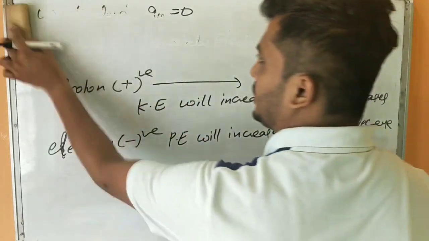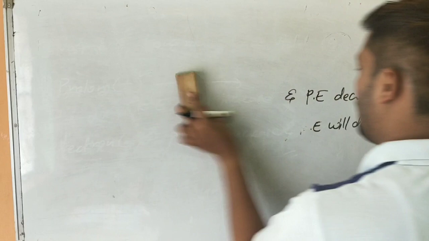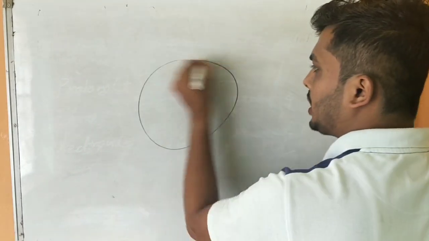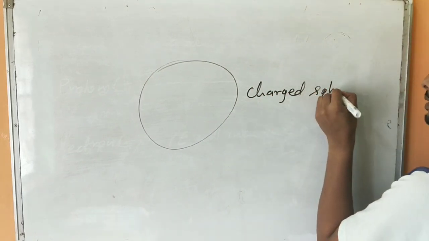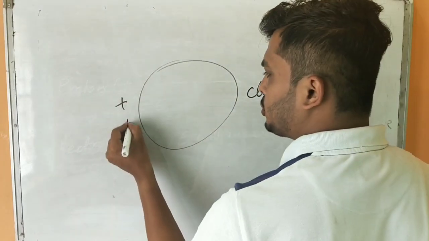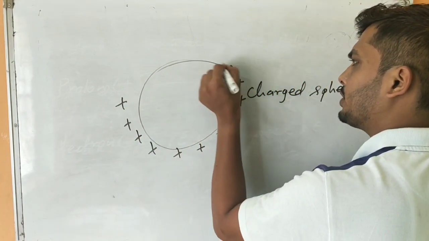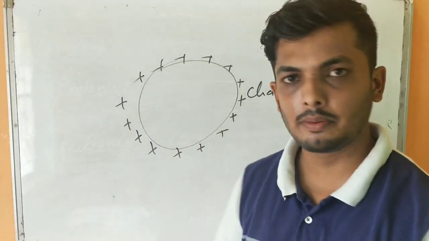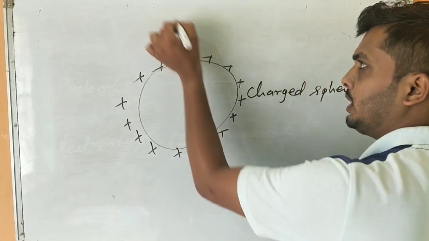One more thing, conditions for the electric field to be 0. Now, if I have a uniformly charged sphere, you know that charge will be distributed on the surface of the conductor, right? Since this is the first class, we are studying this. So, the electric field inside the conductor will be 0.